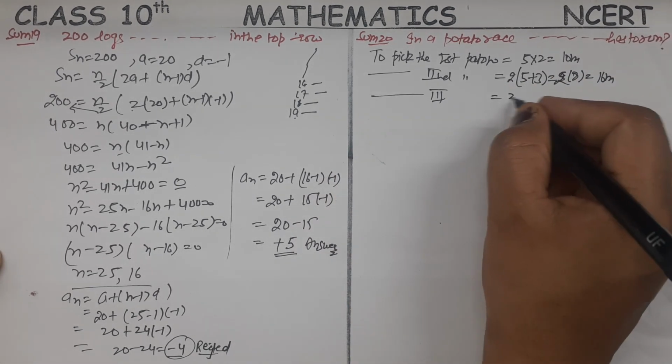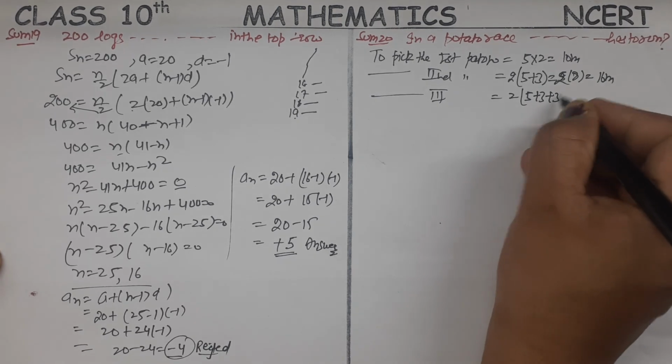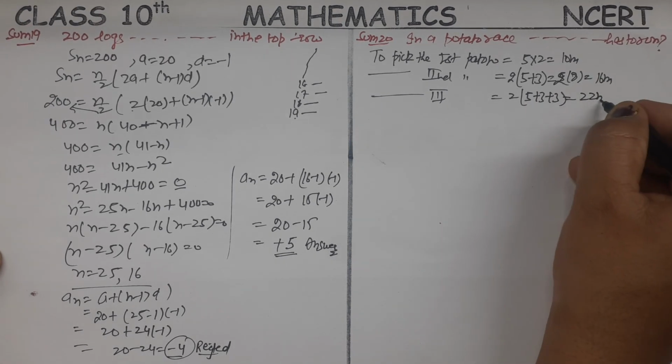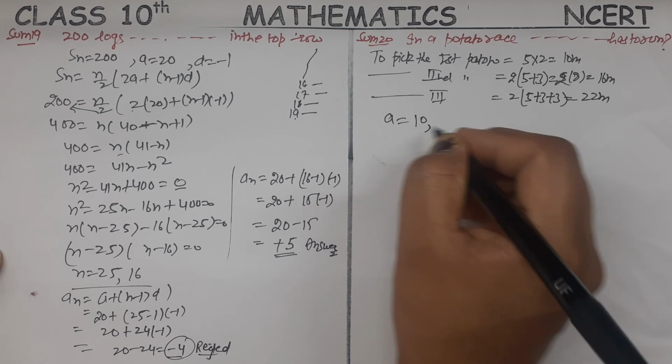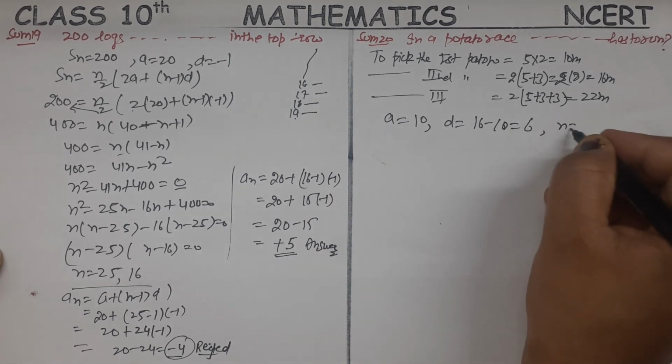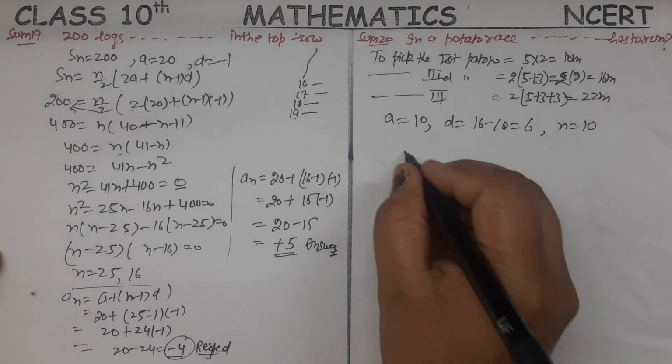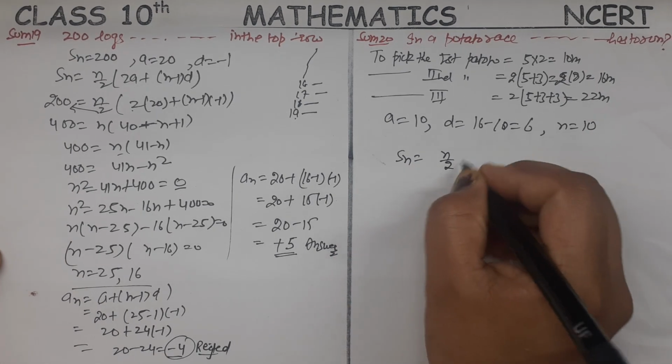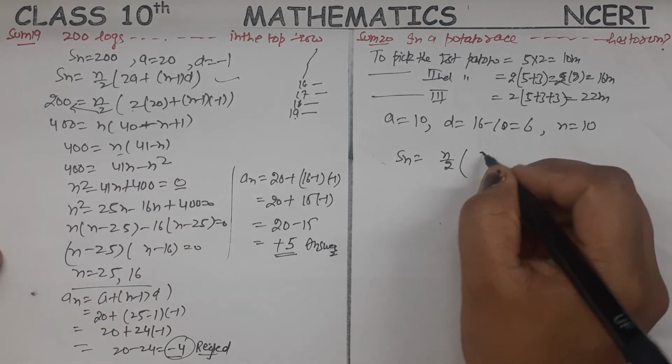For the third potato, distance is 22 meters. Here a is 10, d is 6, n, the number of potatoes, is 10. Sn, the formula is the same, we will apply.